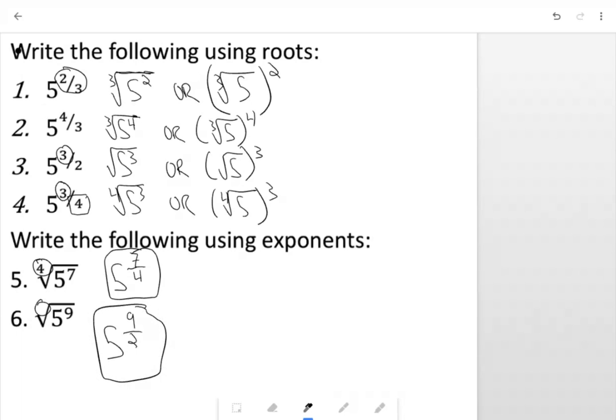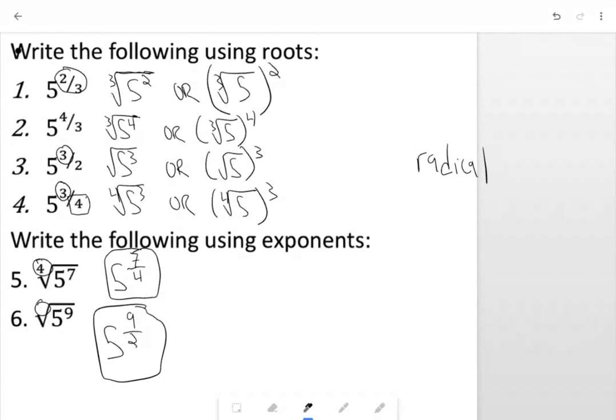Your cooldown is going to be a couple like number 1 through 4, where you're going from exponent form to roots form. And then the last couple on your cooldown will be like 5 and 6, where you're doing the opposite. Now, one thing I want to make you aware of, so you don't get confused on the cooldown: you're going to see the word radical.